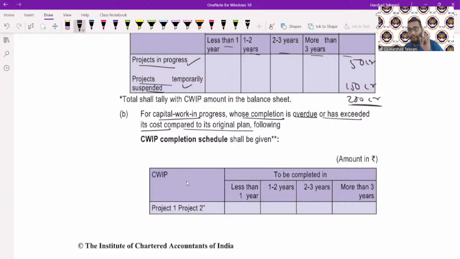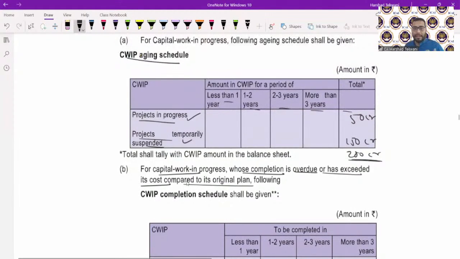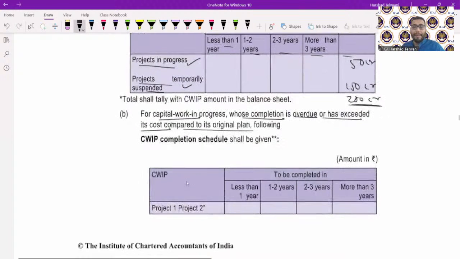Third area, very important. Till now we discussed the projects in progress and the projects temporarily suspended. Now the third area is capital work in progress whose completion is overdue. For example, there was an asset which was supposed to be completed in 3 years, but I've been creating it for the last 10 years.